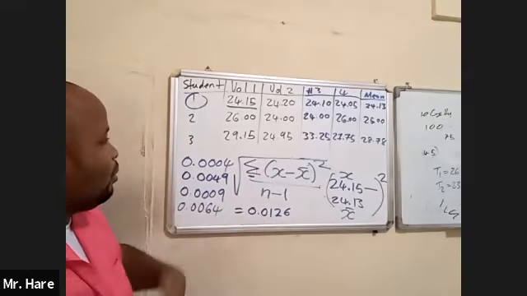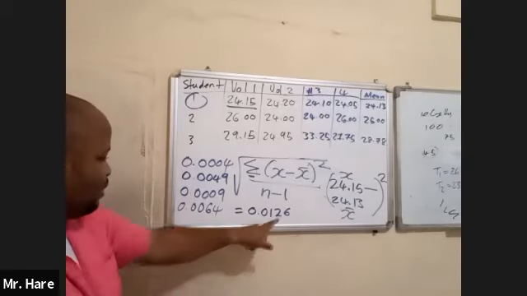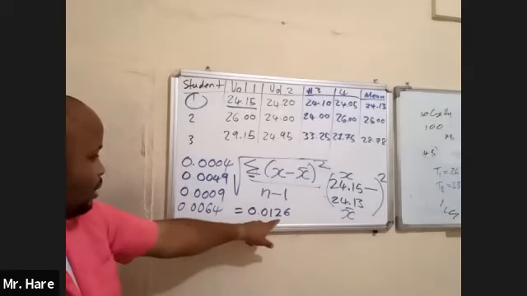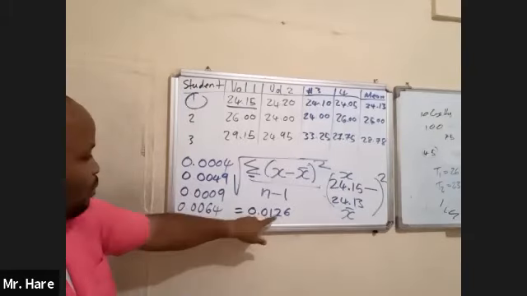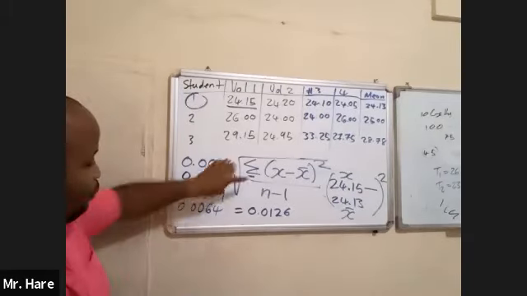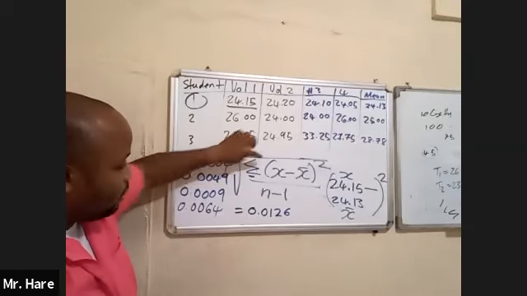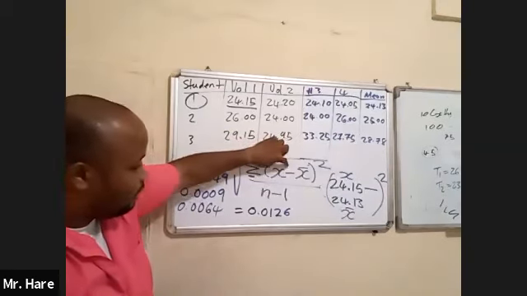Sir, could you repeat how you got that value? Which one? This one? Yes, sir. So after we work on each of them, we reach the part of the formula now where we are adding up each of them. So remember, this symbol is telling us to add up each of these answers we get.